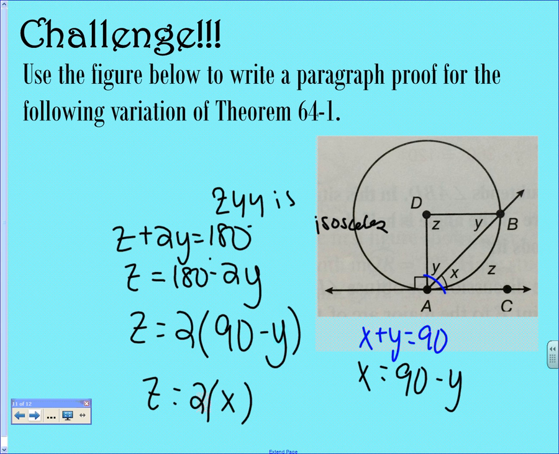Isn't that what our theorem says? Does our theorem say that double x you get z? So that's another way to prove it, basically.